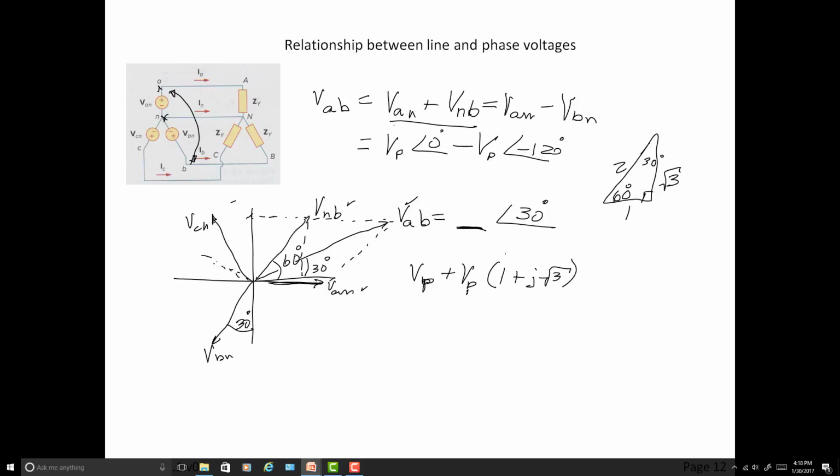Okay? But now my triangle didn't have 2 as a hypotenuse. It had 1 as a hypotenuse. So I can fix all that by just dividing this by 2. Okay? And so where does that lead me? It leads me to hopefully something that involves this triangle again.